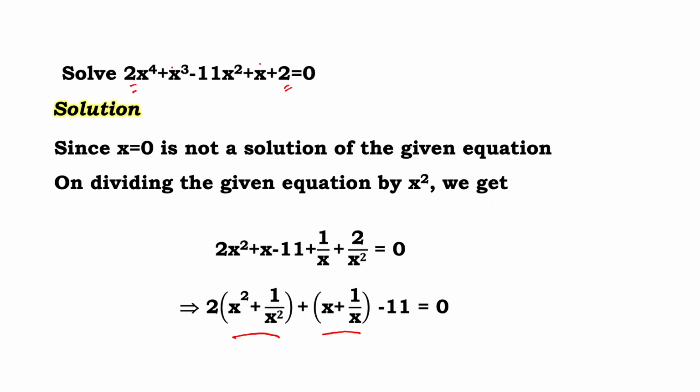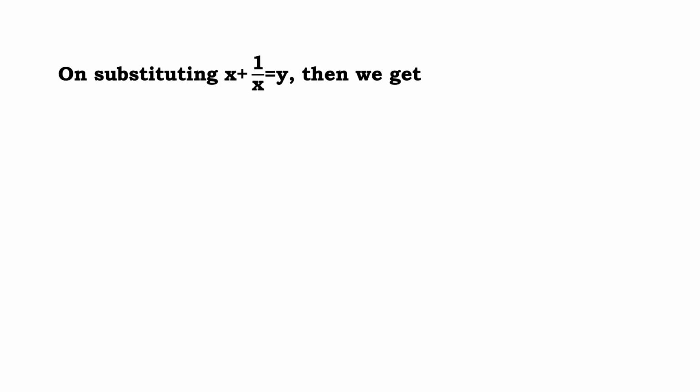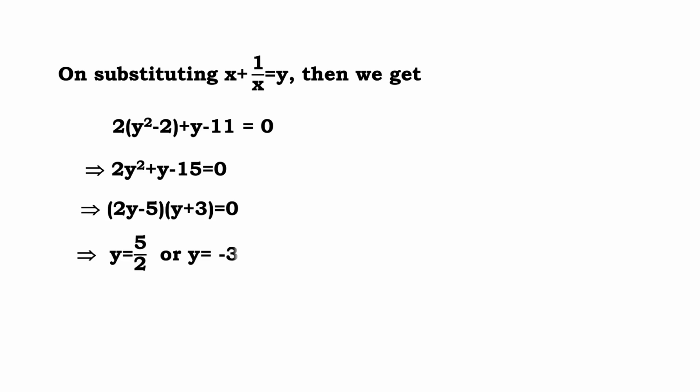We know that x plus 1 by x the whole square is nothing but x square plus 1 by x square plus 2, right? So x square plus 1 by x square, when I transfer this, I am getting a quadratic equation in the simplest form. If x plus 1 by x is y, obviously converting this into the equation, and now again you have to solve, right? But you have to be careful, right?